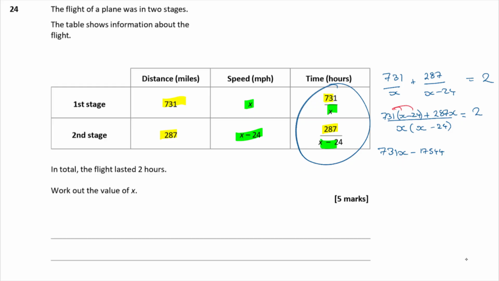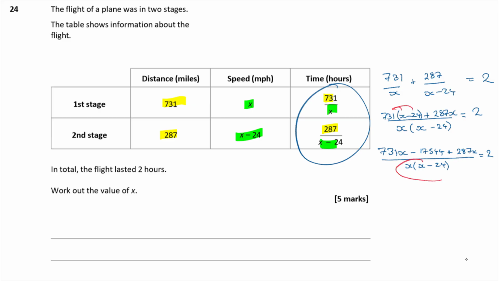Okay, and then plus 287x, and that's all over x minus 24, okay? And that's equal to 2, okay?